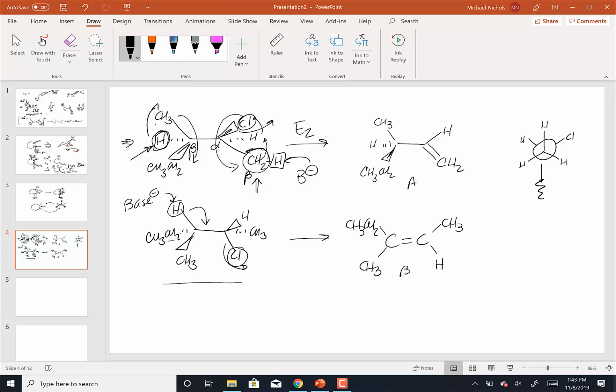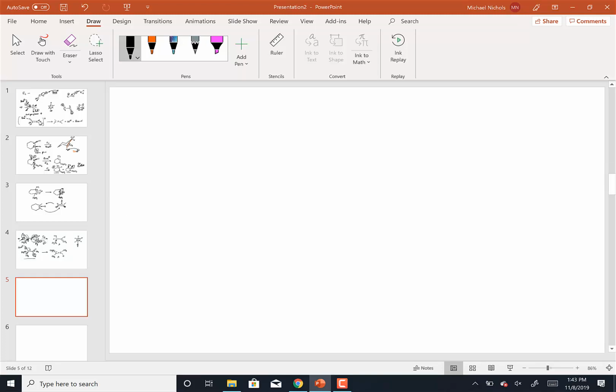So whenever we do E2, we need a strong base. Your book uses as its favorite strong base sodium ethoxide. This is a deprotonated ethanol molecule.